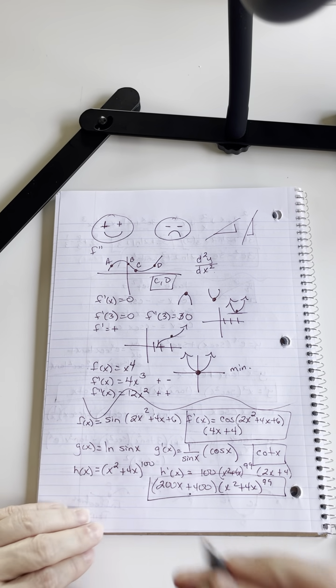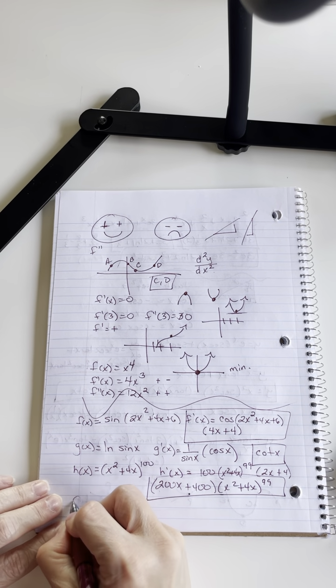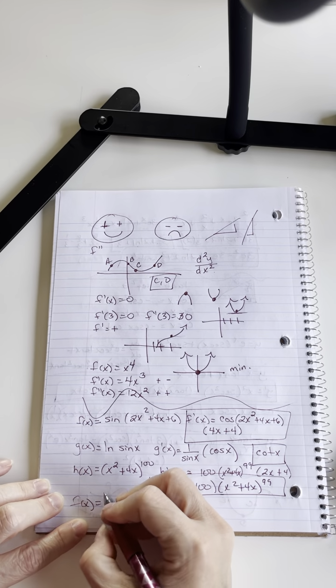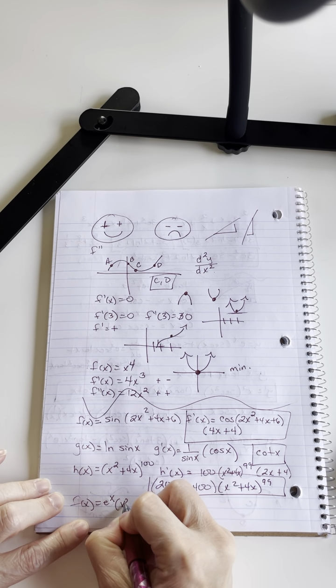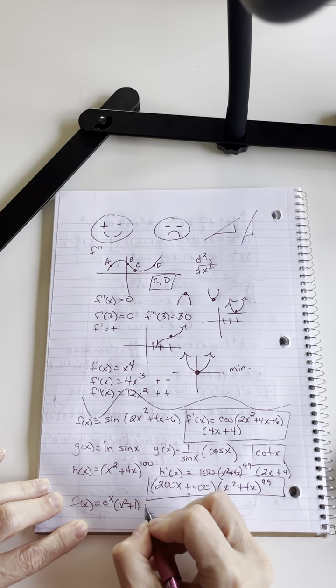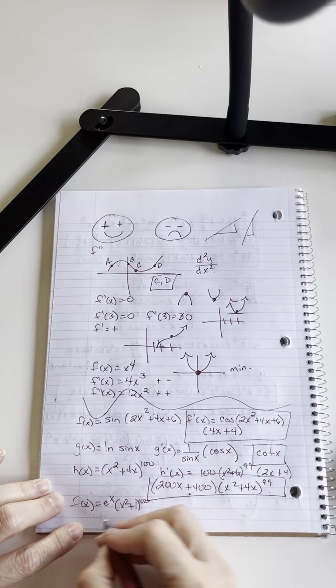All right, now part B, derivatives of products and quotients. If f of x equals e to the x with x squared plus 1 to the 100th, find the first derivative.